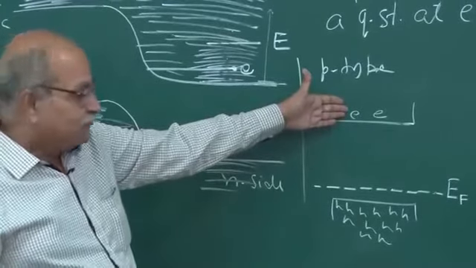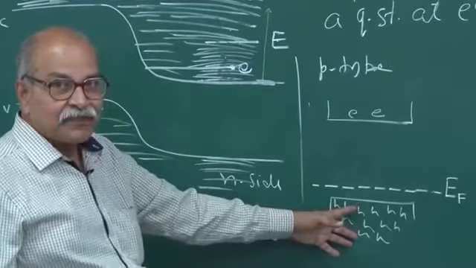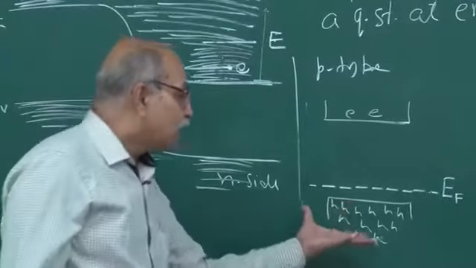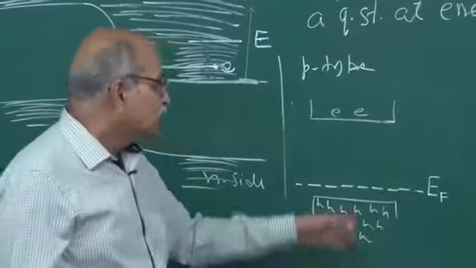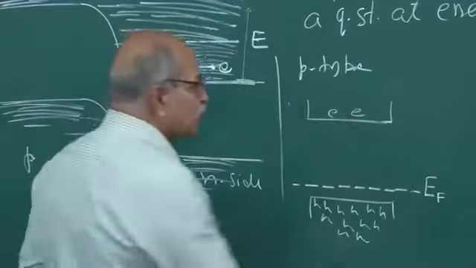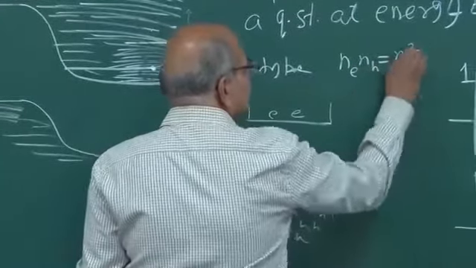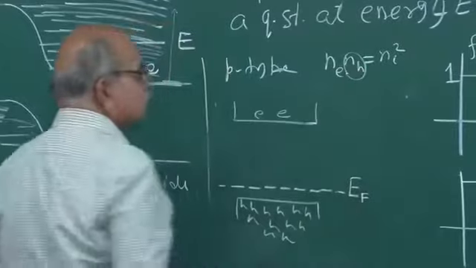You know that when you put in p-type impurity, not only do you have a large number of holes, the electron number Ne also goes down, because you know that Ne into NH is equal to Ni squared. So if this increases, this decreases.